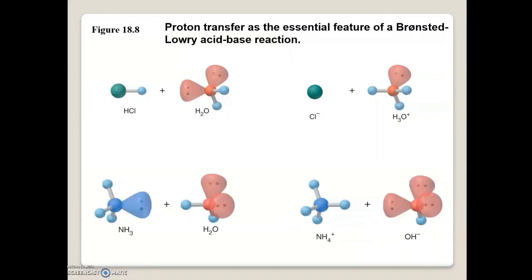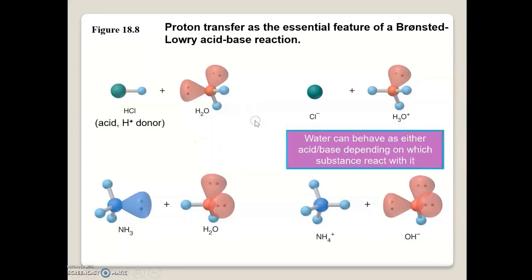So let's look at this example. How can we identify which one is the acid and base according to Bronsted-Lowry? We have a reaction between HCl and H2O, and it produces chloride ion Cl- and H3O+. From this reaction, we can see that HCl turns to Cl- during this reaction. So what happened to the HCl?